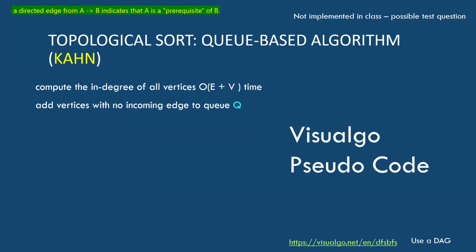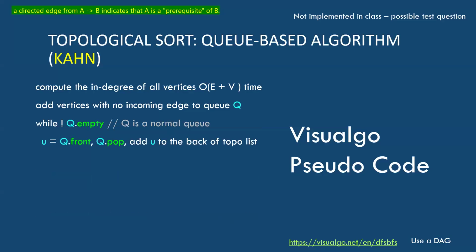So we'll add the vertices that have incoming degree 0 to the Q. And then we say, while the Q is not empty, pop what's at the front of the Q, and then add the U to some topological list. So we're using a Q to build our topological list here, right? We're not putting it back into the same Q, we're just putting it in a list of things.